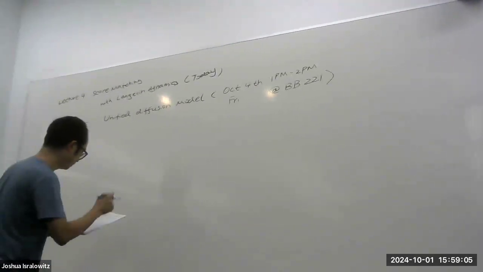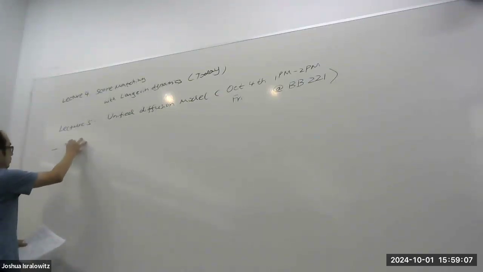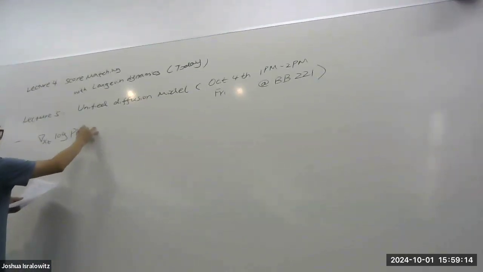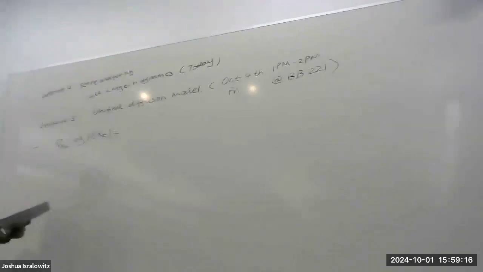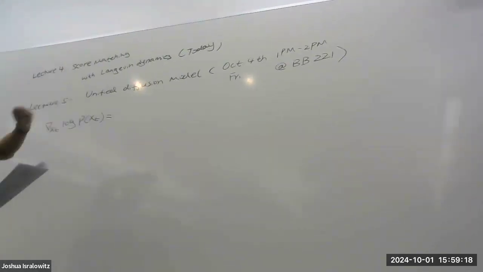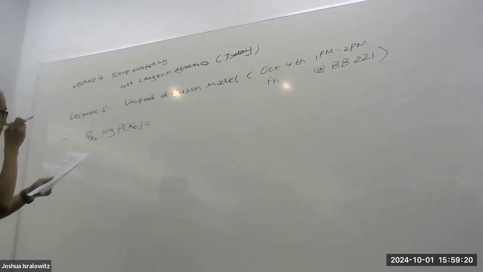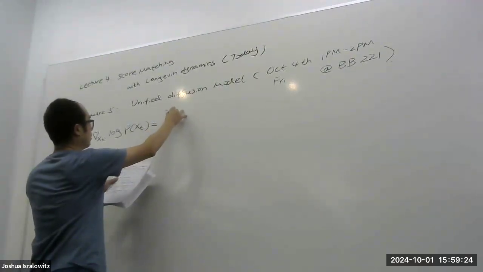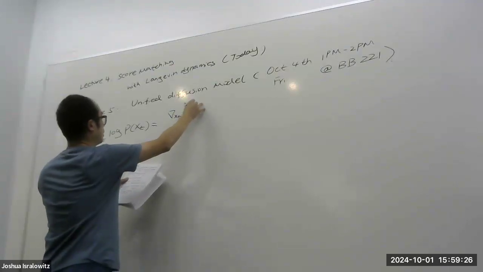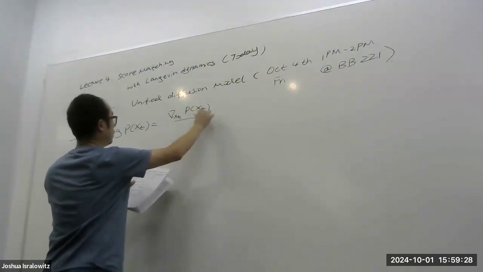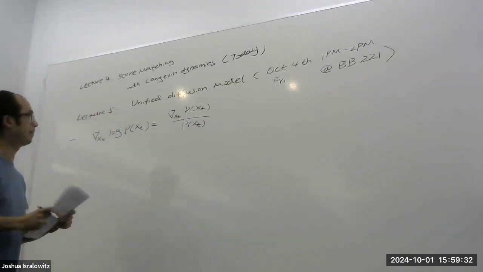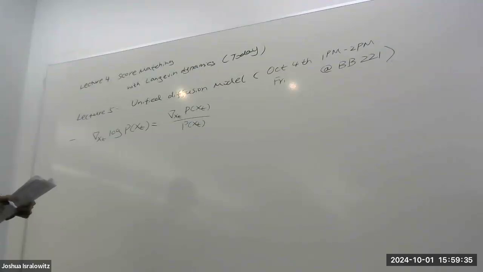So right here we're still using the same argument. This will be the gradient of xt, p of xt divided by p of xt. Here we haven't used anything with respect to x0.